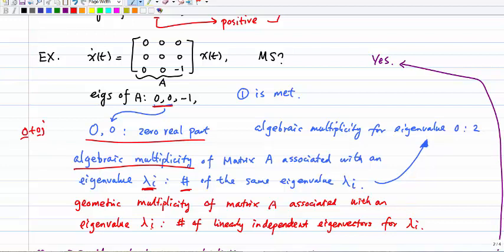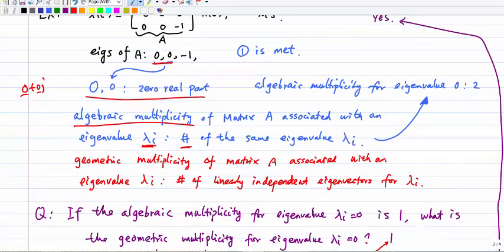Verifying the algebraic multiplicity is pretty straightforward. We just count how many are the same eigenvalue, of course talking about those eigenvalues with 0 real part. So we can check the algebraic multiplicity for eigenvalue 0 is just 2, because I have 2 of the same eigenvalue 0.